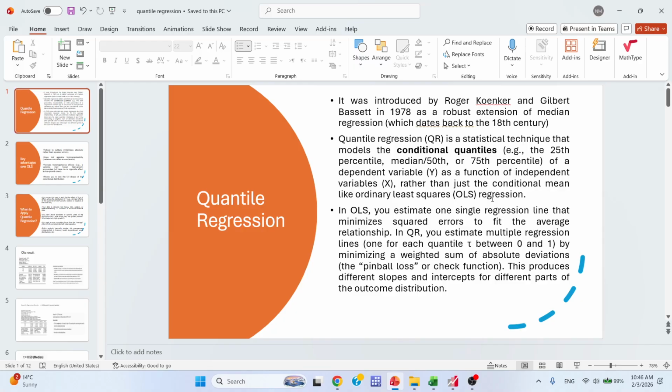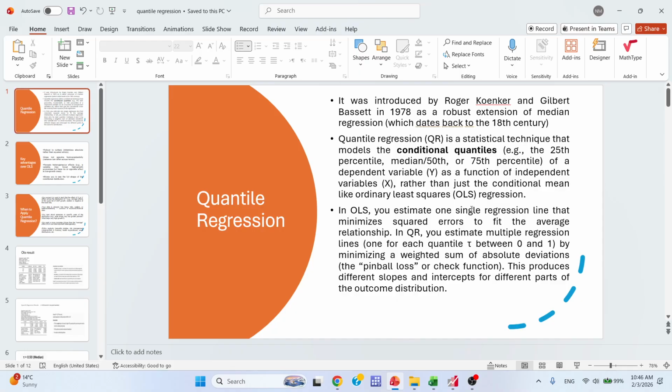In the case of ordinary least squares, or OLS, we have simple results, while in quantile regression we have multiple results. We can obtain results in terms of three models: the 25th percentile, the 75th percentile, and the median, that is the 50th percentile.